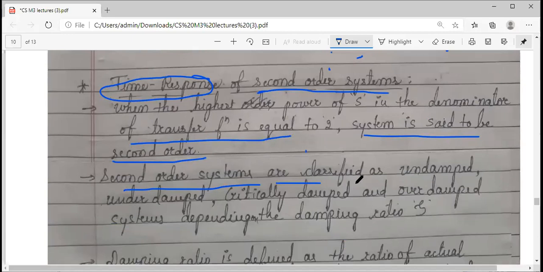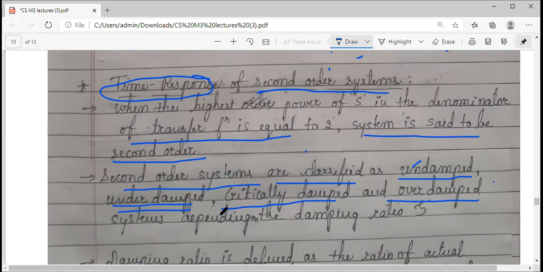It is like a deciding factor for the performance, or how the output will be, for second order systems. It depends upon the damping factor. Second order systems are classified into 4 categories: undamped, where there is no damping, underdamped, critically damped, and overdamped.